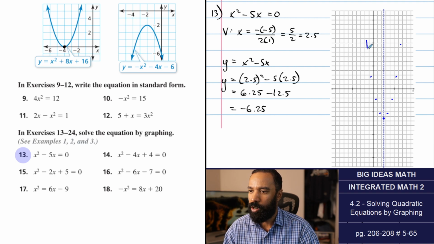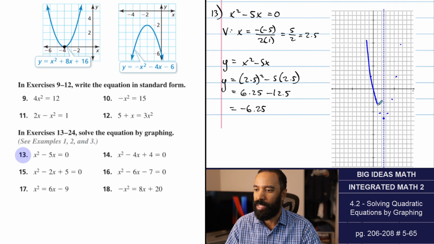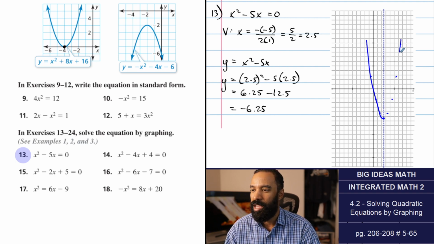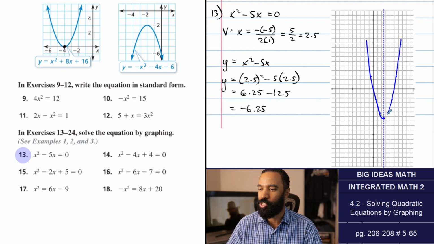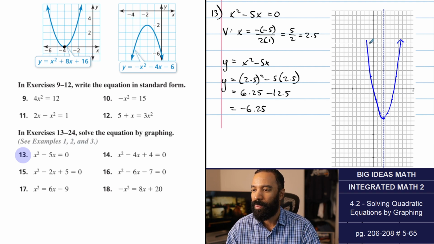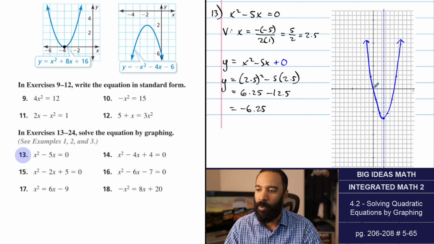Now, I'm going to draw this curve through, but what's interesting is that although I didn't solve by factoring and get my x-intercepts out, because the point is I want the graph to show you the x-intercepts, graphing this out of standard form reveals something else as well, which is your y-intercept. Standard form reveals that this would have been a plus 0. My y-intercept would have been 0, which is also my x-intercept.